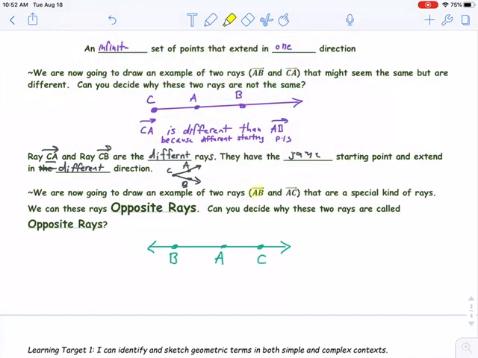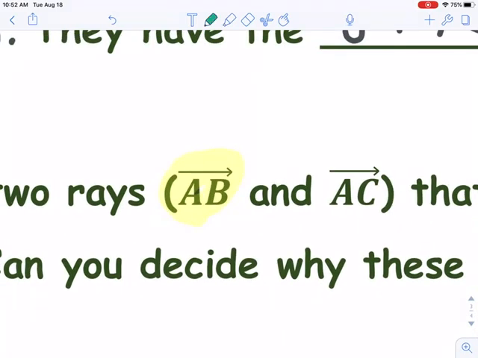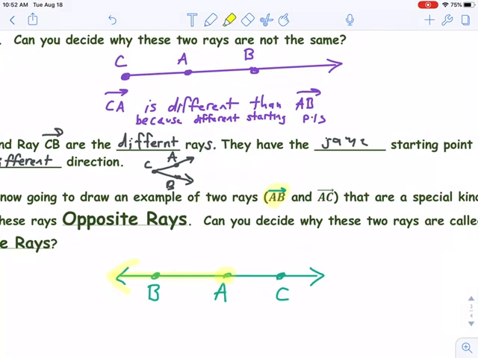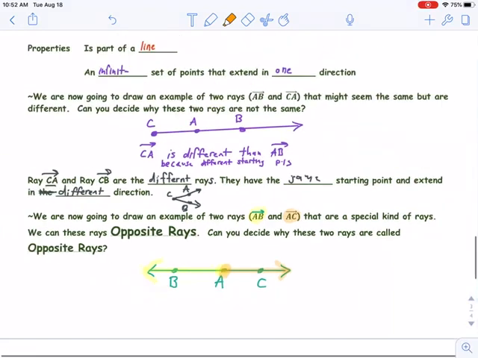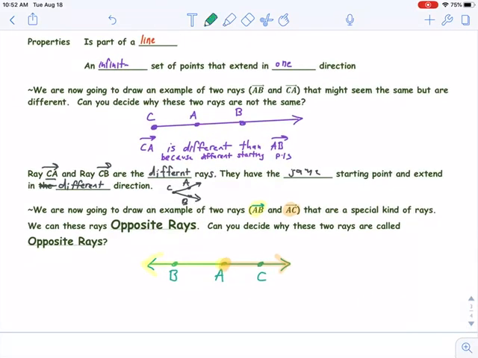Now, ray AB right here, it starts at A and it goes infinitely through B. Notice how this ray hat always points to the right. Doesn't matter what the picture looks like, it always points to the right. That's just the way we do it. Then AC starts at A and infinitely goes through C. These are called opposite rays.